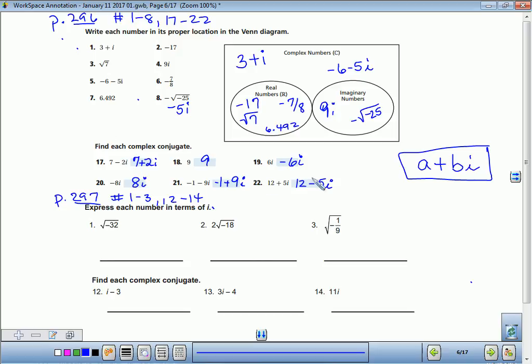Okay, as soon as you finish 17 through 22, give those a quick check, see if you have any questions. And then, we're not going to do these. And then let's see if we can simplify 1, 2, and 3 here.